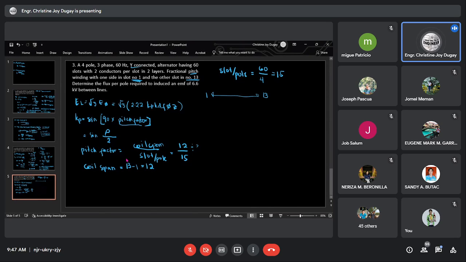So if we are going to reduce, divide it by 3, no? That is equal to 4/5. Ito na yung gagamitin nyo para makuha nyo si Kp, which is equal siya sa sine ng 90 times 4/5. So, ilan po yan?